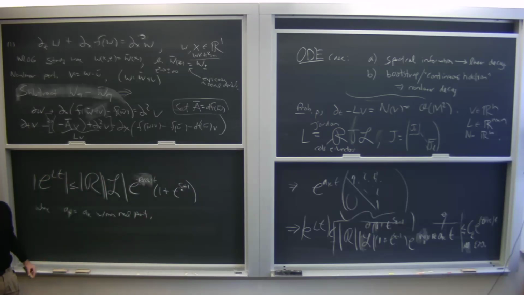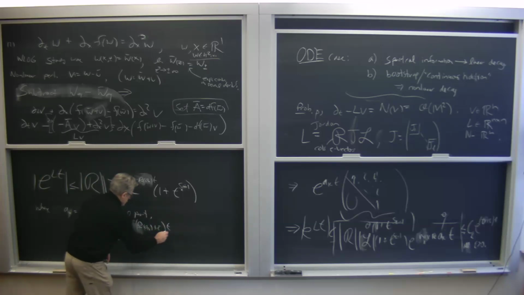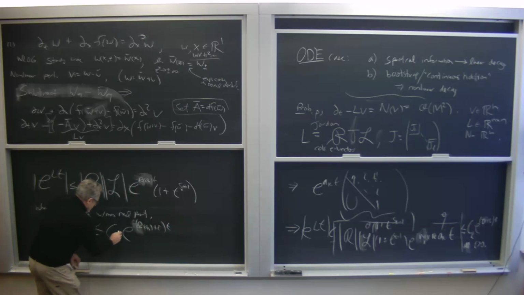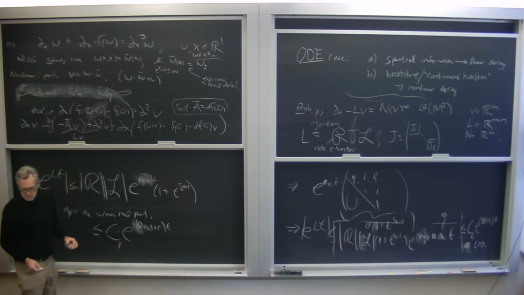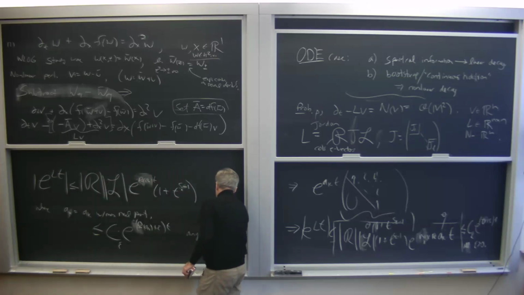So that just comes from taking norms everywhere. And then I'm going to summarize this as C e to the real part of a star plus epsilon times t, and this would be a C depending on epsilon, for any epsilon positive.